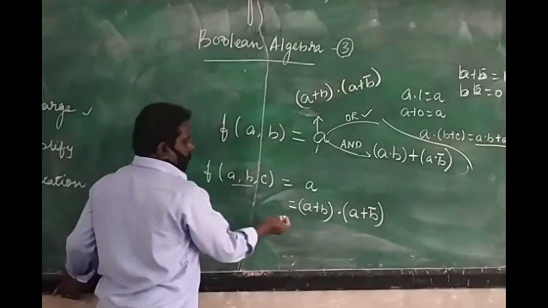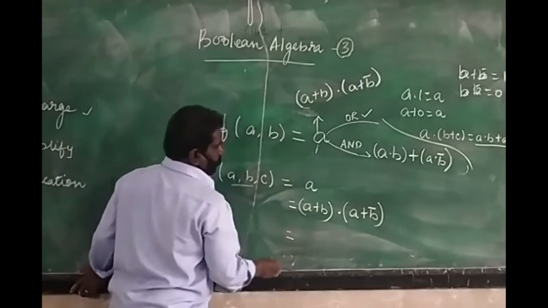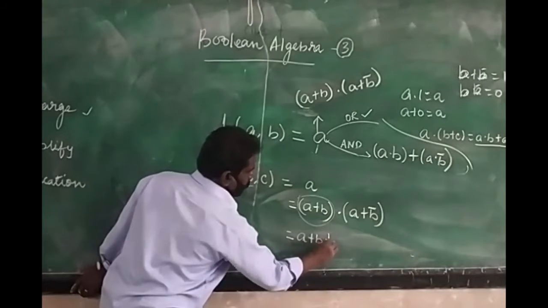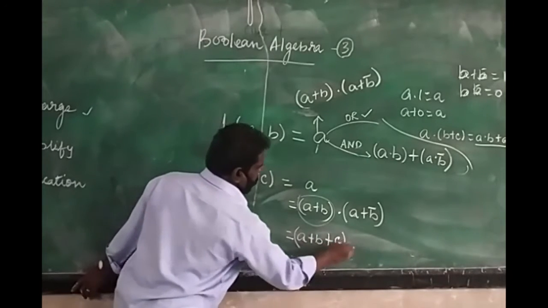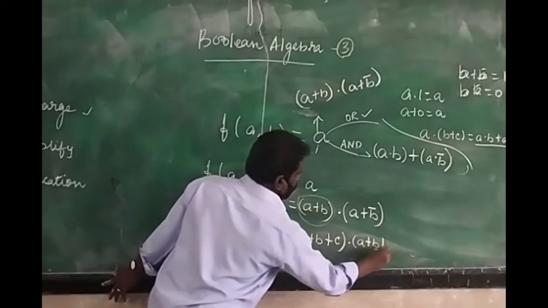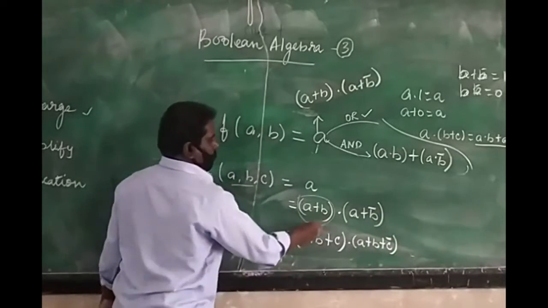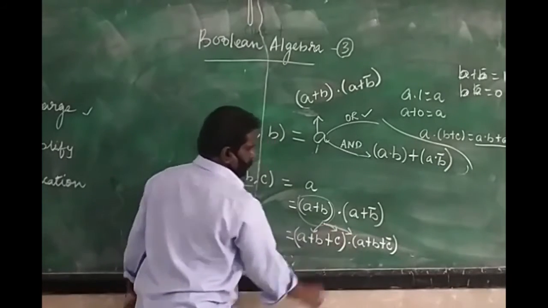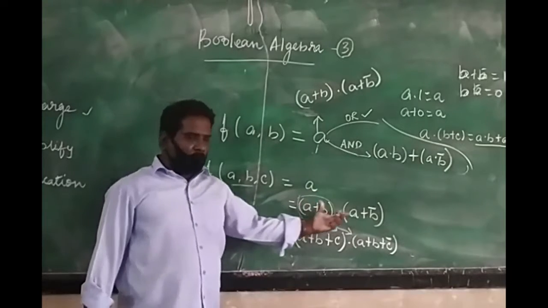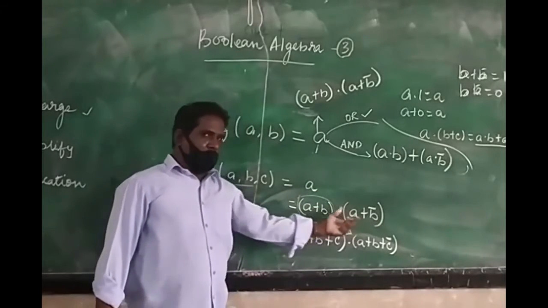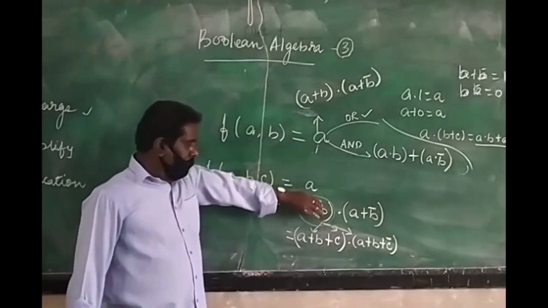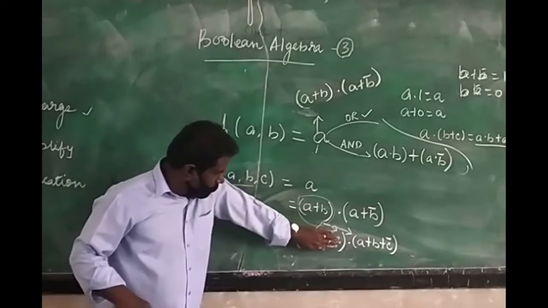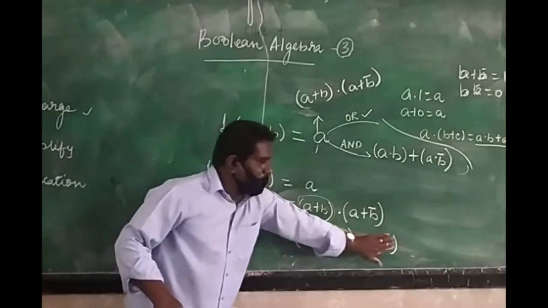Now I will enlarge it into three variable form. So in here I have done one more: a plus b plus c dot a plus b plus c bar. This one is converted into two terms. A we are writing in the form a plus b dot a plus b bar. Similarly, a plus b, assuming that a plus b is x, we write as x plus c dot x plus c bar.